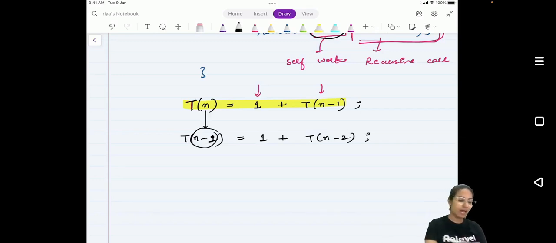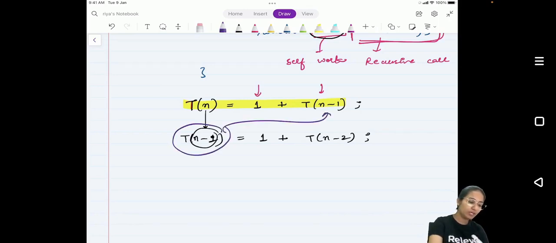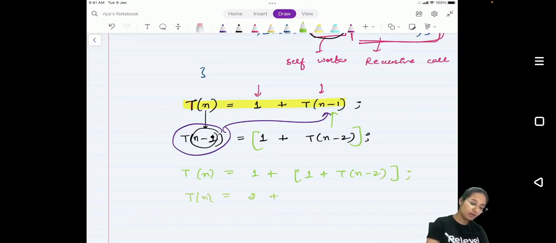Now if I take this value and substitute it back over here, I get T of n equal to 1 plus 1 plus T of n minus 2, which is T of n equal to 2 plus T of n minus 2.